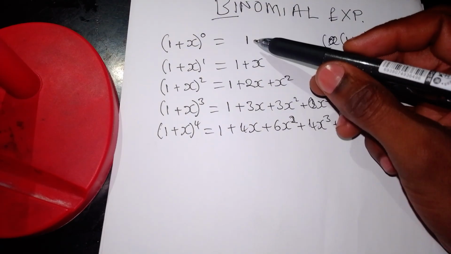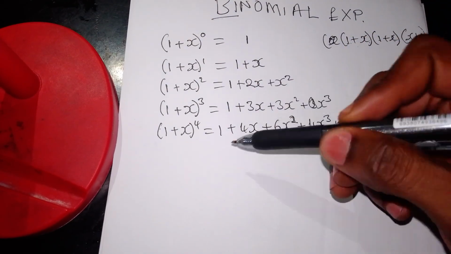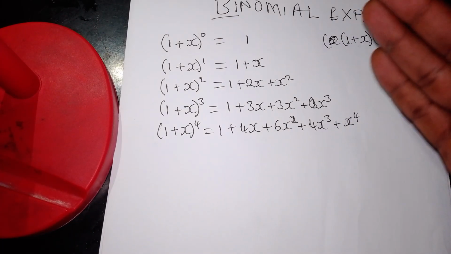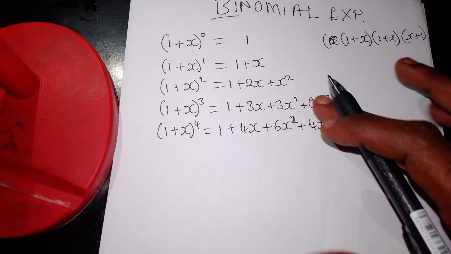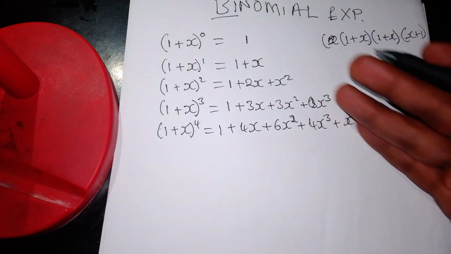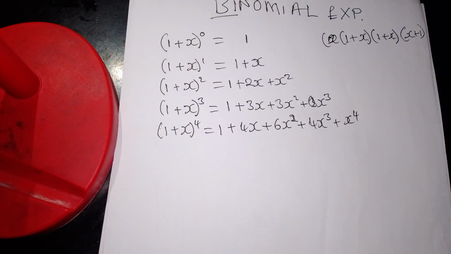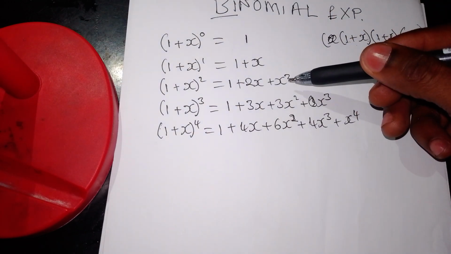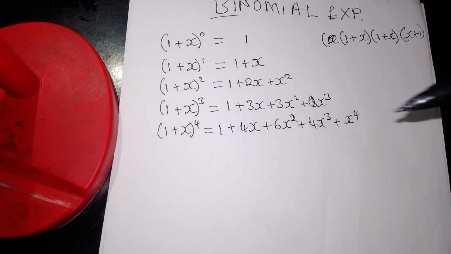When you look at these coefficients, you notice that they are forming some kind of a triangle. If I was to arrange them, even as they are right now, you can see that they are forming something like a triangle. This one has 1 term, this one has 2 terms, this one has 3 terms, this one has 4 terms, this one has 5 terms.